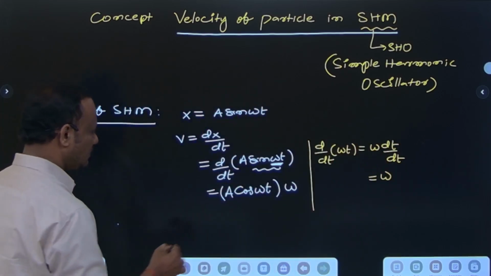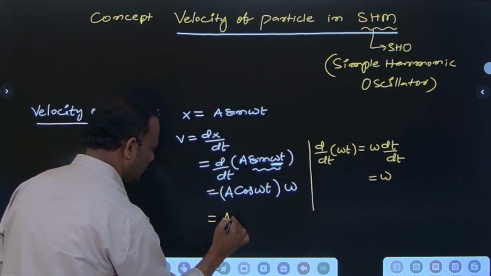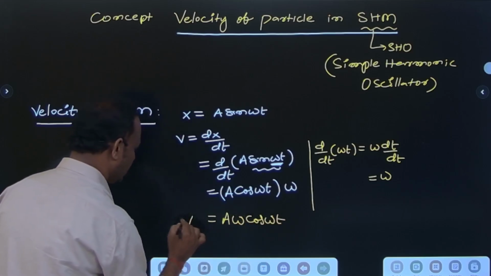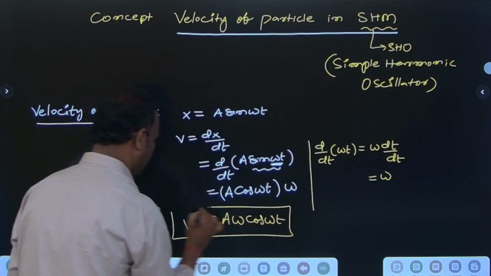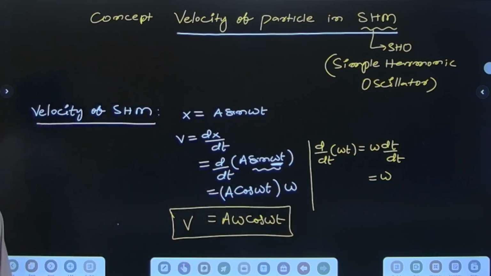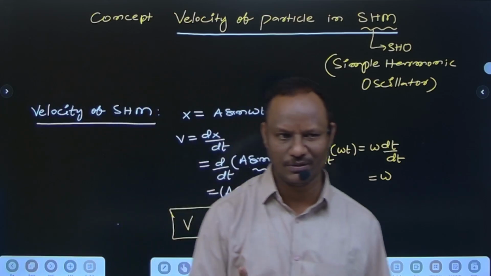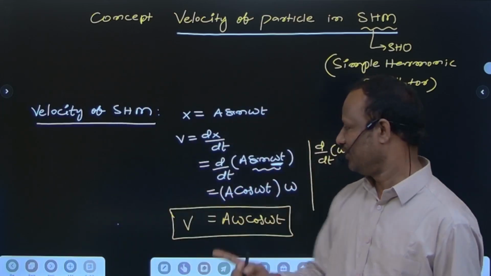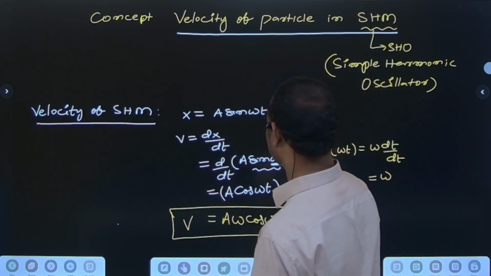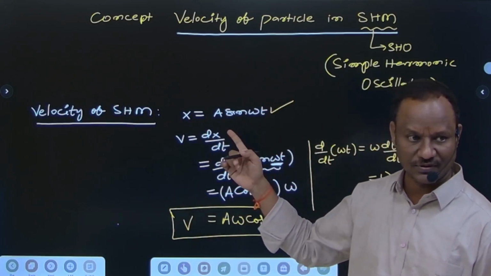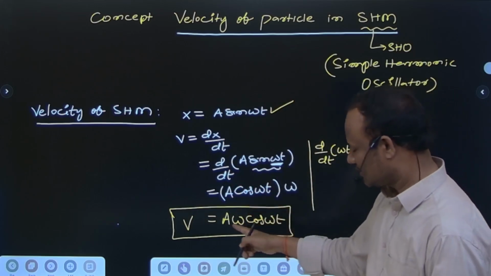So this is equal to A omega cos omega t, the velocity of a particle in SHO. Sir, there is a cos function there, no? The particle started from the mean position, no? From where did you get this? This is your condition. Sine means the particle started from the mean. So this is also from the mean only.